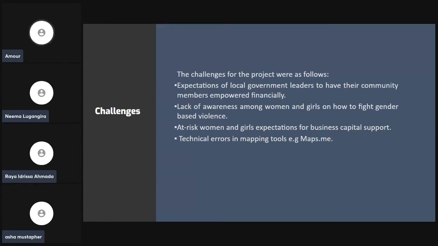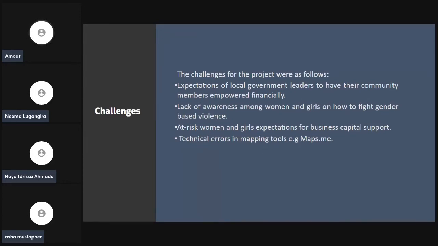The readers expect that they will be empowered financially, apart from the work that we are going to do, and there is also a lack of awareness among women and girls on how to fight gender-based violence, and these are among the groups highly affected by gender-based violence. So this is a problem for them, which also makes the work hard in their data collection.